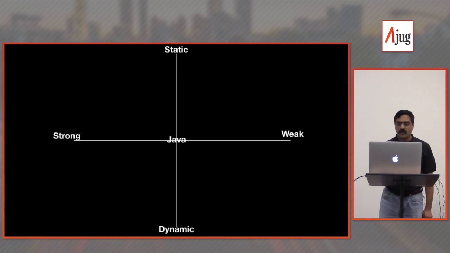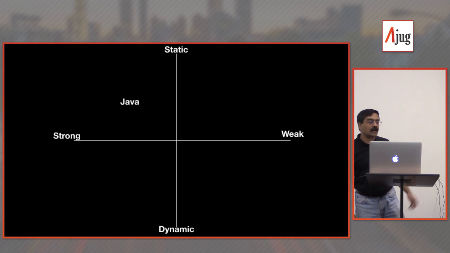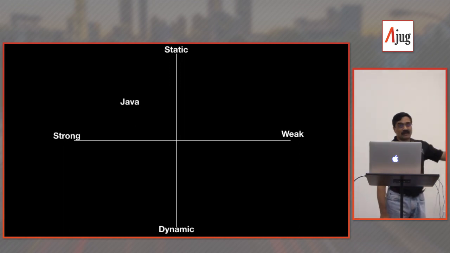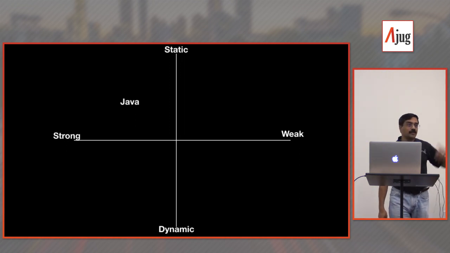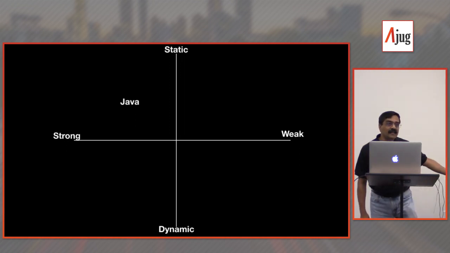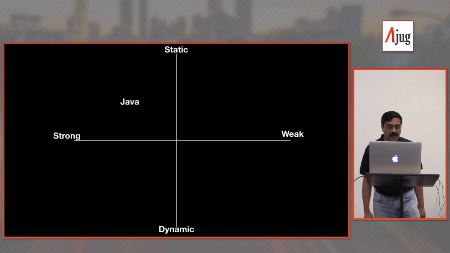So from that point of view, if you think about Java for a minute, we know that Java is statically typed, but it also turns out that Java is also strongly typed because it's not very uncommon to get a class cast exception, for example, or you're trying to really do something with a type that's not really valid at runtime, you'll get an exception during runtime.